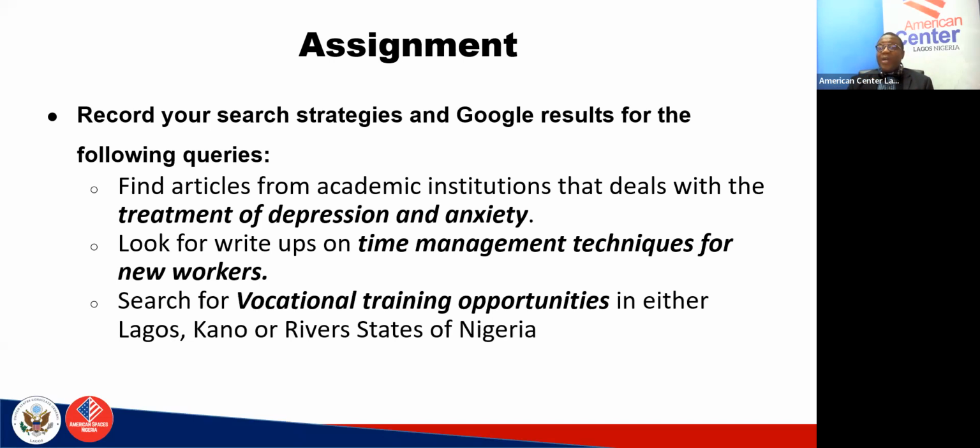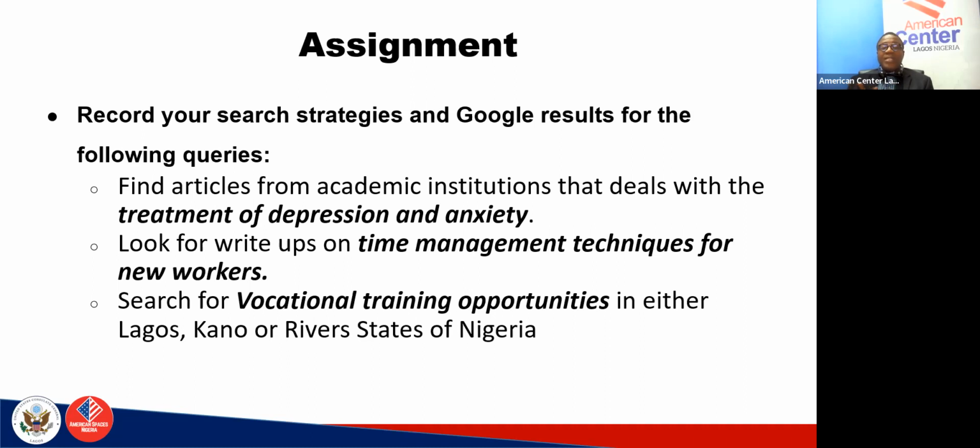Now, this time around, we're not indicating whether it's in the US or Britain or Nigeria. So you use site colon edu, or site colon ac. I'm giving you a hint.